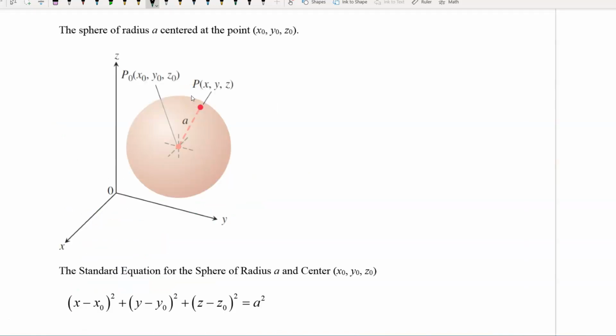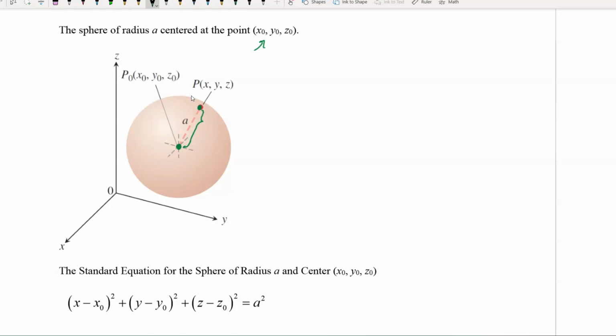Now here on this part we have a sphere of radius a, that is centered at this point, x0, y0, z0. So here on this part we have this point, where point is x, y, z. Here is center. Here is our radius.